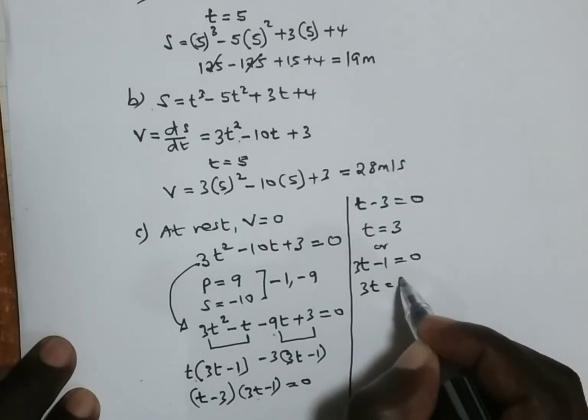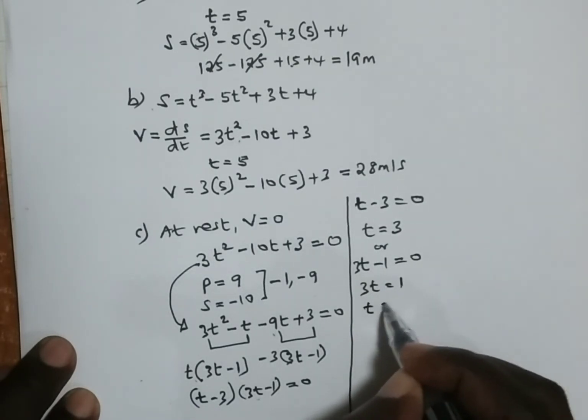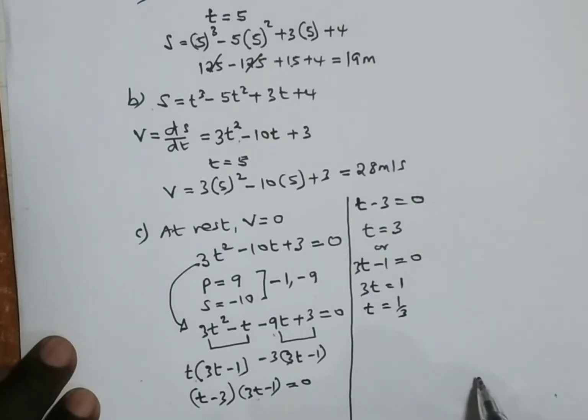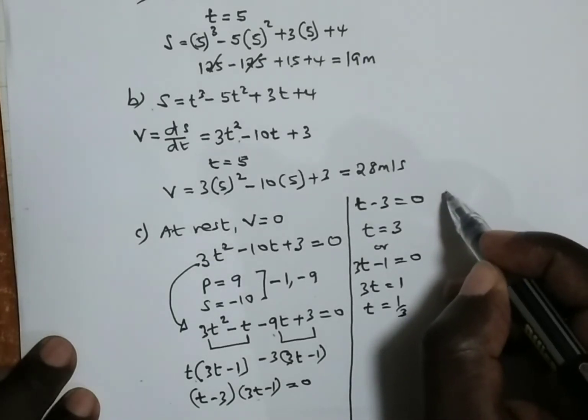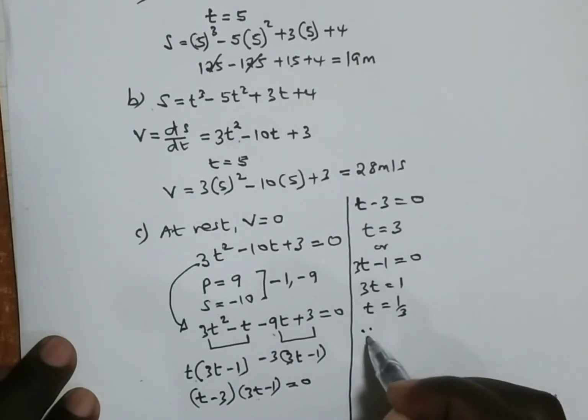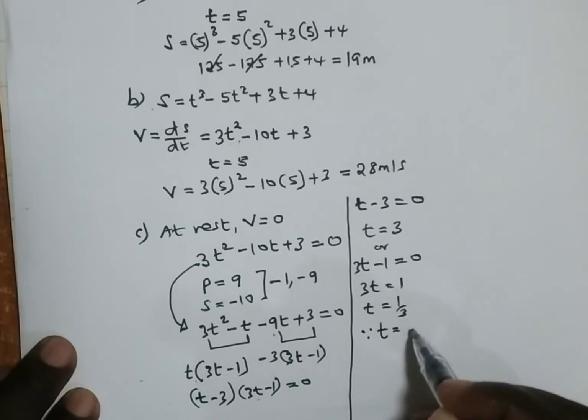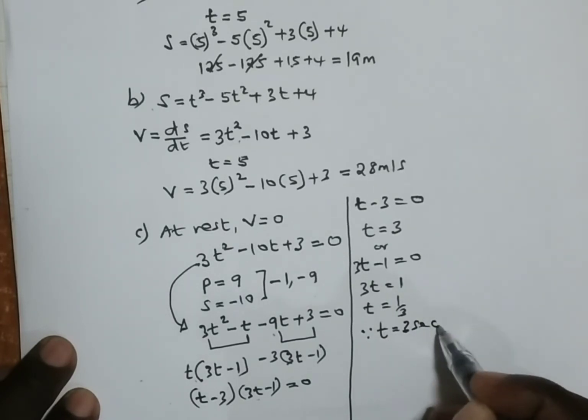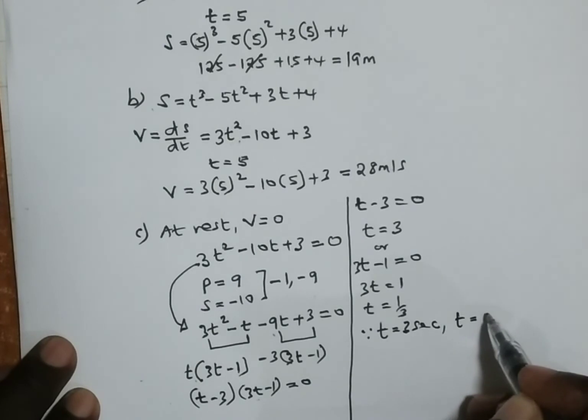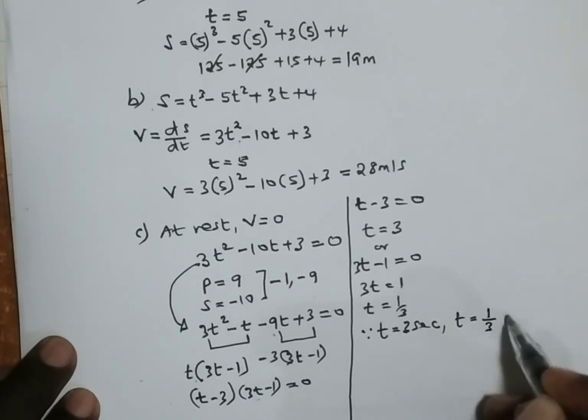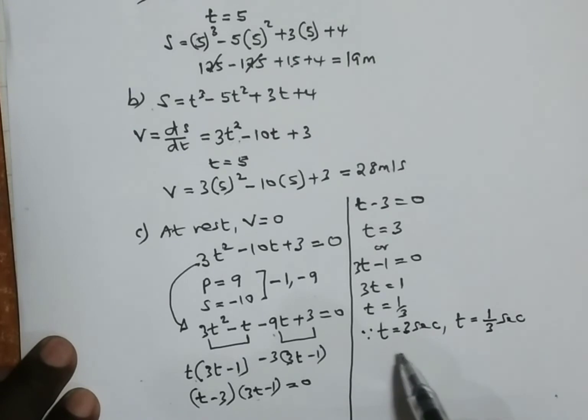So 3t will be equal to positive 1. t is going to be equal to a third. Therefore, we can say t will be equal to 3 seconds, another t will be equal to a third seconds. What it means is that the particle is momentarily at rest at t equal to 3 seconds and t equal to a third.